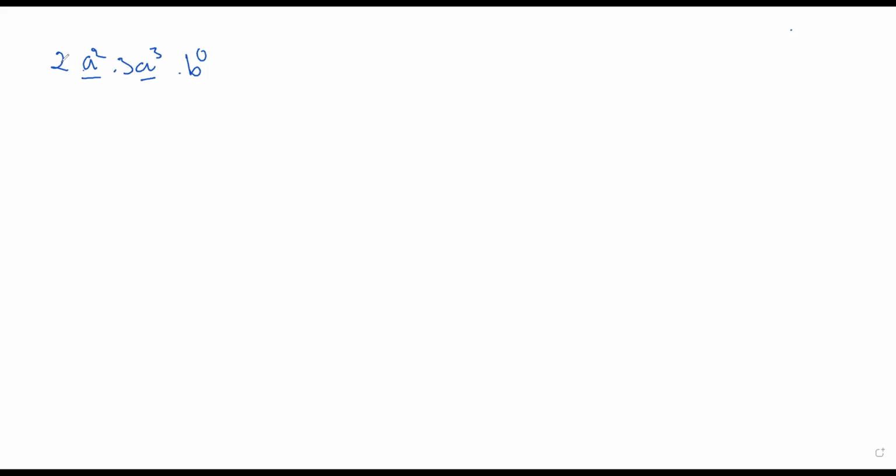We have to multiply this 2 with this 3. Then we have 6a, and the exponents, because the bases are the same, will be 2 plus 3, and we know that any number to the exponent of 0 is 1. Then we get 6a to the exponent of 5. Then it will be our answer. This is our first problem.